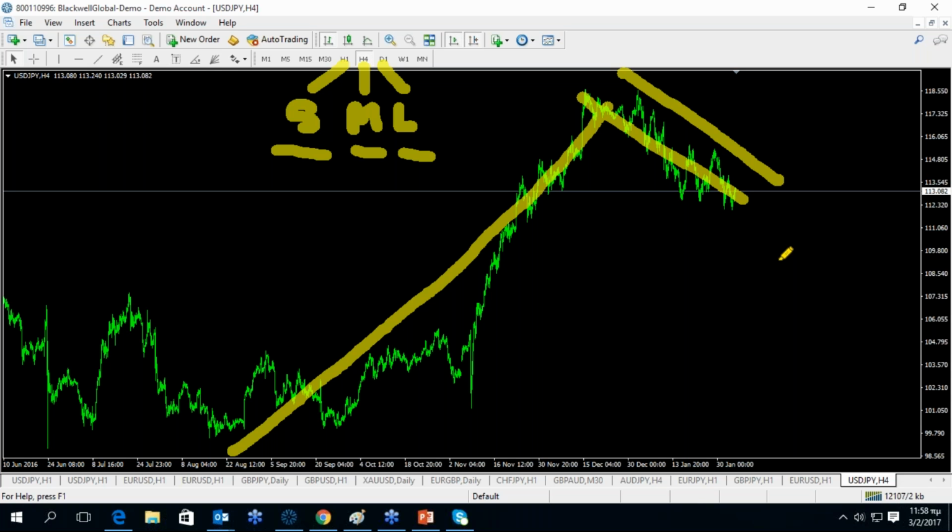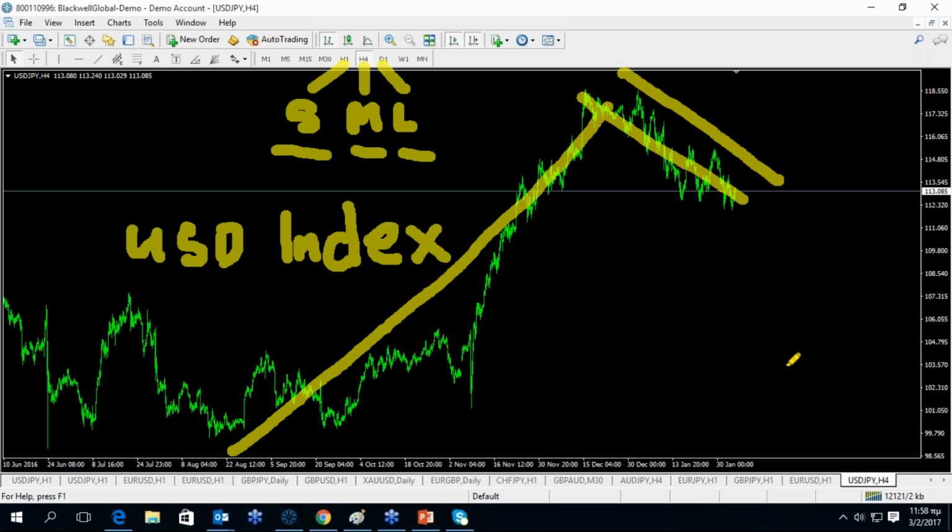I'm not sure whether you look into the USD index. The USD index is another very nice tool. It's not a tradable instrument, but it can be used as a backup to understand how strong the dollar is.